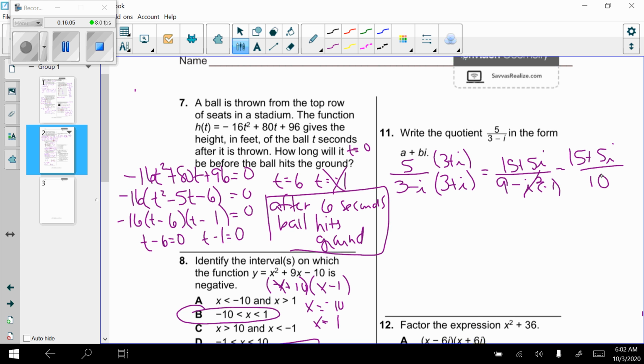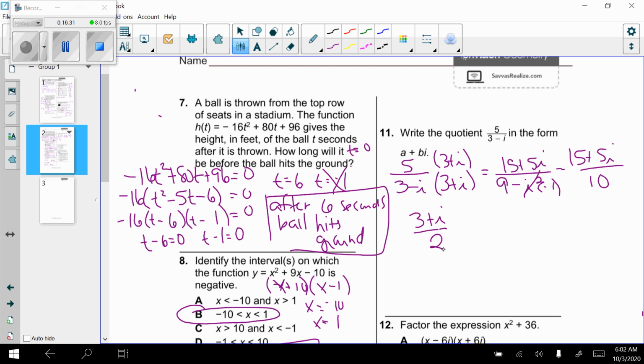I cannot leave my answer like that because I can simplify that. I can reduce it. So 15, 5, and 10, they all have a 5 in common. So if I take a 5 out of everything, I'm left with 3 plus i over 2, keep the 5 out.